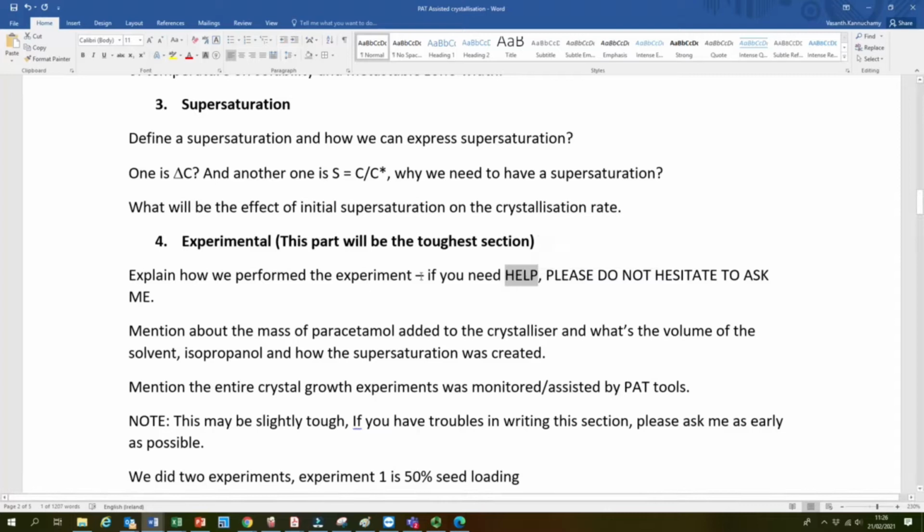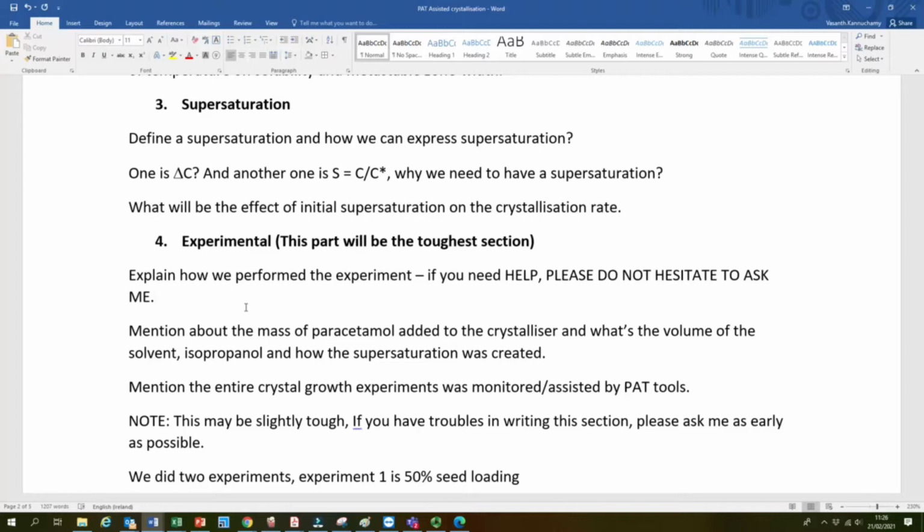I will explain it to you, but I expect you to write it by yourself, like how many grams of paracetamol we added, what's the reactor volume, or if you want, you can say what's the volume of the solvent, in this case isopropanol.